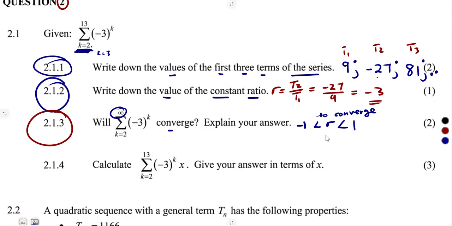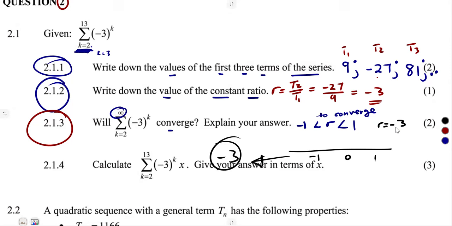In our case, we already have the numerical value of our r, which is negative 3. Is negative 3 within the interval from minus 1 to 1? Negative 3 is outside. It is less than minus 1, whereas our r must be greater than minus 1. But in our case, r is equal to minus 3.